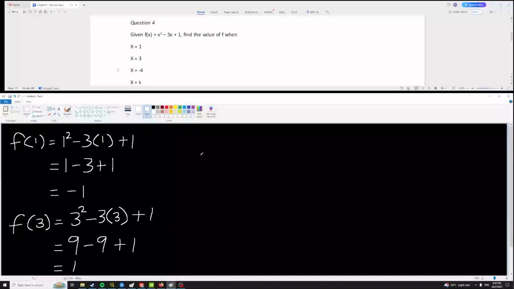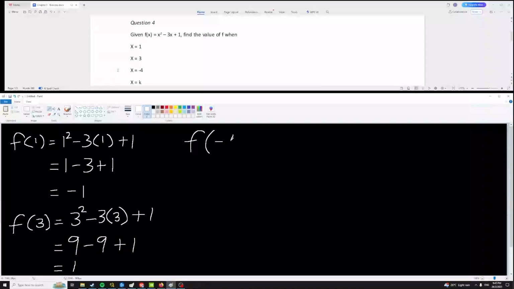Okay, then the next one is x is negative 4. So for this one it will be very similar.